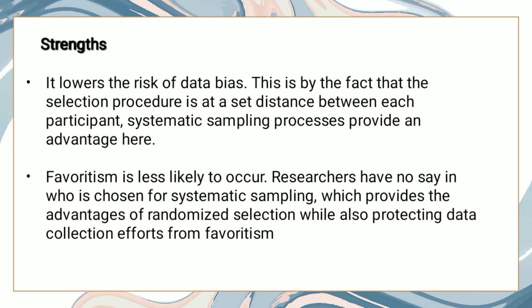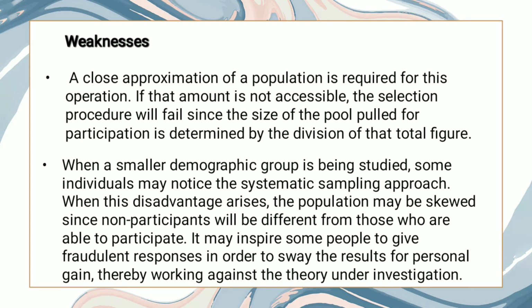This is because the selection procedure is at a set distance between each participant. Systematic sampling processes provide an advantage here. Also, favoritism is less likely to occur. Researchers have no say in who is chosen for systematic sampling, which provides the advantages of randomized selection while also protecting data collection efforts from favoritism.